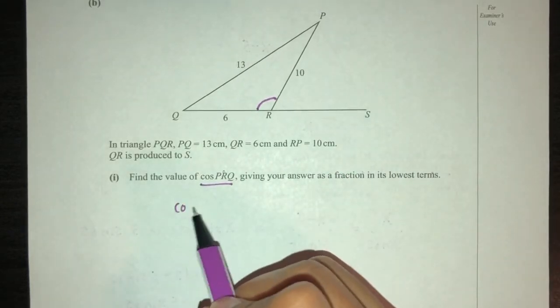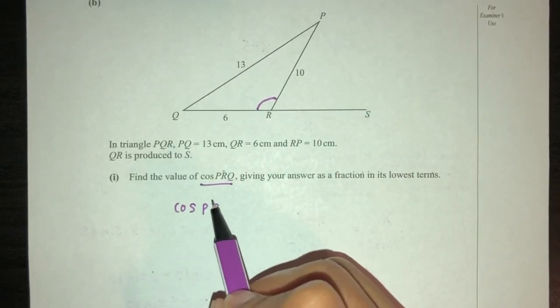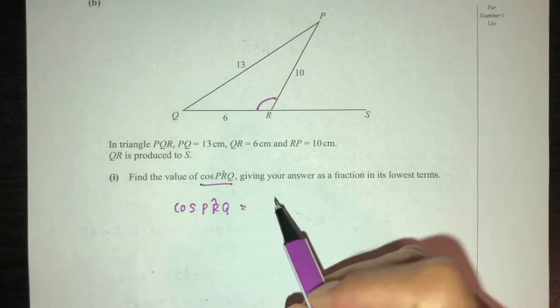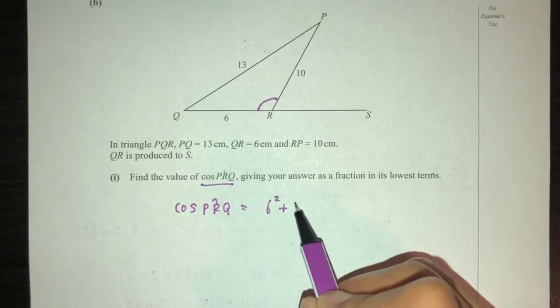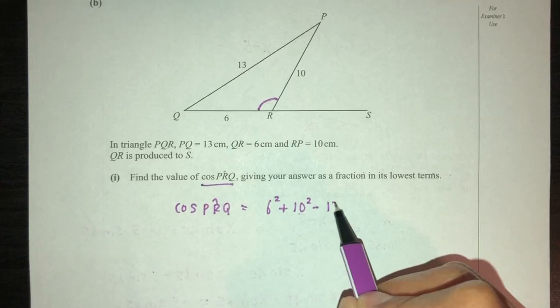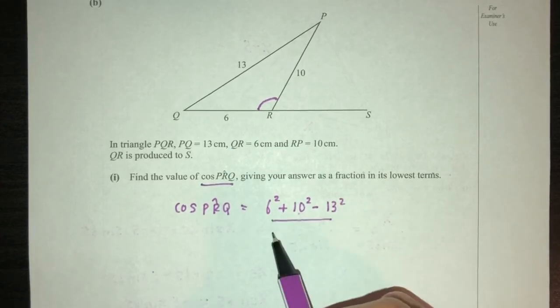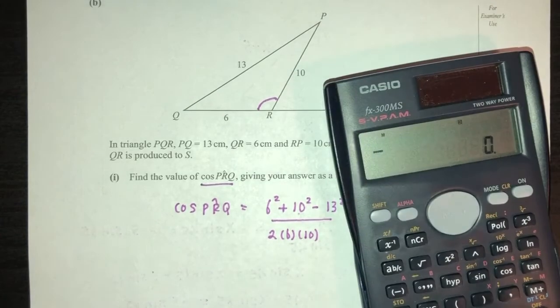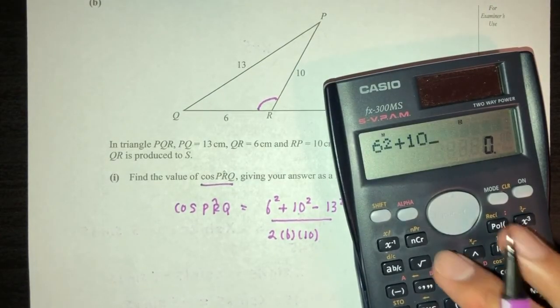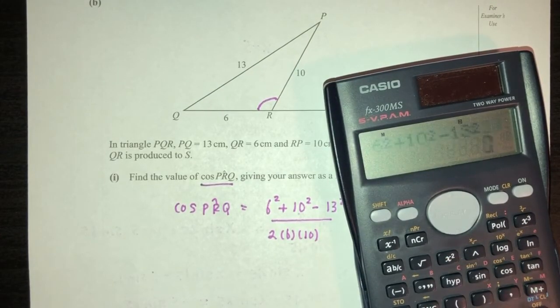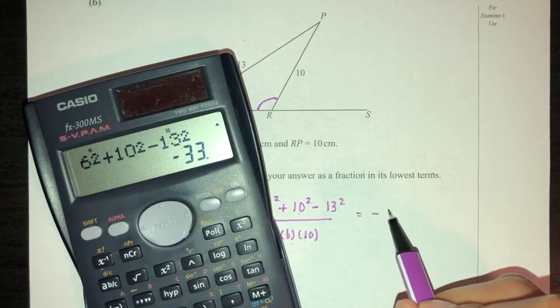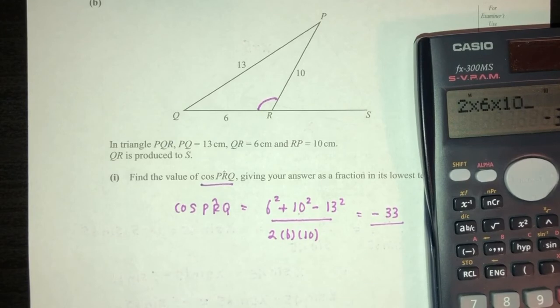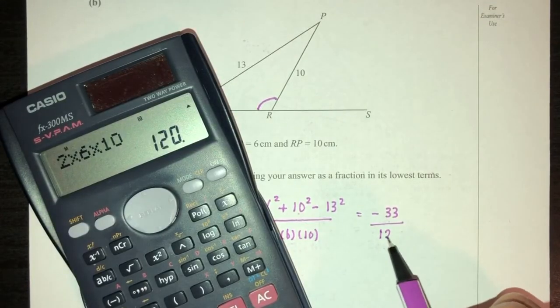So cos PRQ is equal to 6 square plus 10 square minus 13 square divided by 2 times 6 times 10. So let's simplify. 6 square plus 10 square minus 13 square, that should be minus 33, and the base should be what? 2 times 6 times 10, that should be 120.